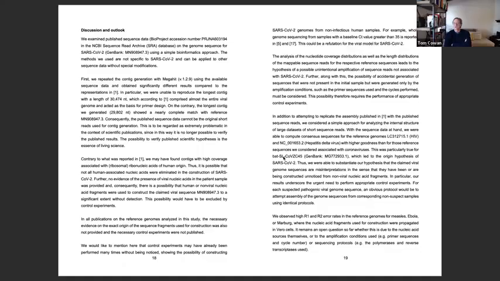In particular, our results underscore the urgent need to perform appropriate control experiments for each suspected pathogenic virus sequence. An obvious protocol would be to attempt assembly of the genome sequence from corresponding non-suspect samples using identical protocols.